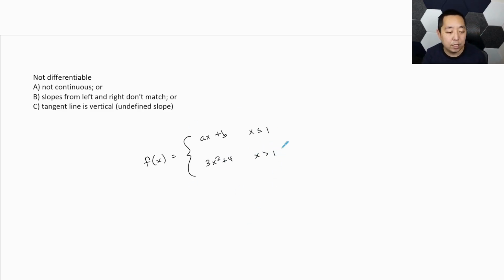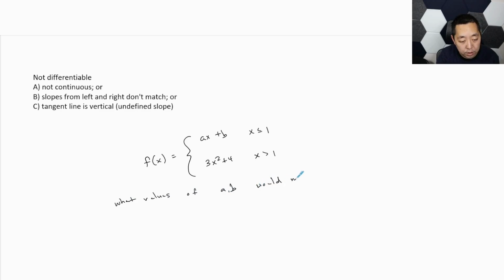The question we ask ourselves is what values of a and b would make it differentiable everywhere, right? When you have a piecewise function, we really care about this boundary when we switch between two functions.